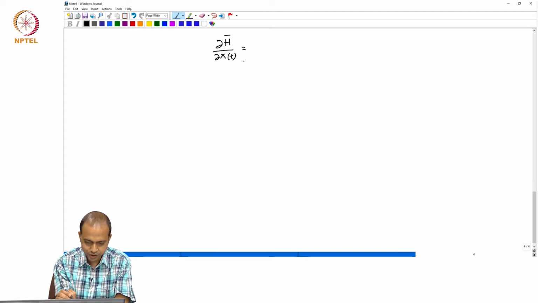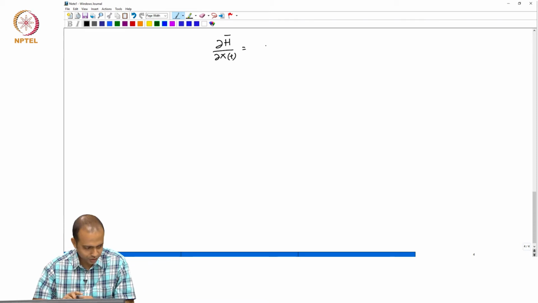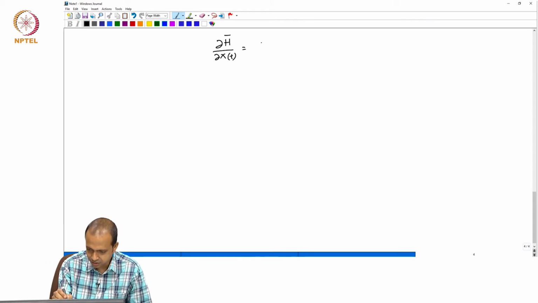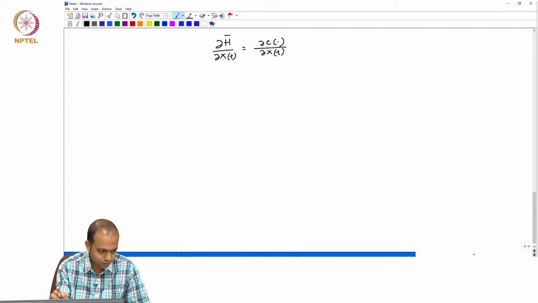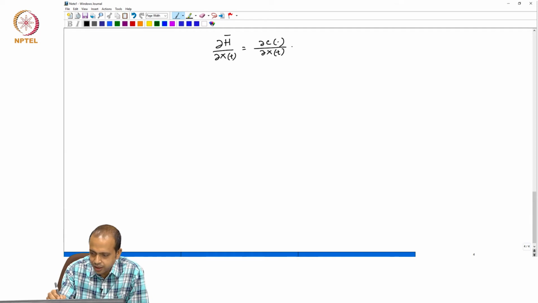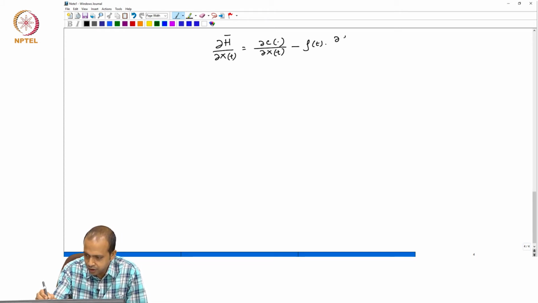If we differentiate the H function with respect to x t, x is in the cost function, so I will get del c del x t, and I have x in the growth function also, minus rho t into del g del x t.